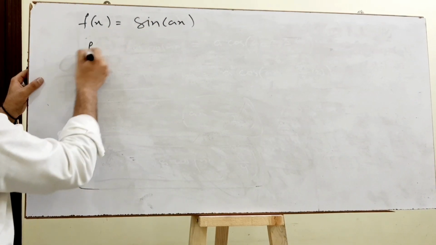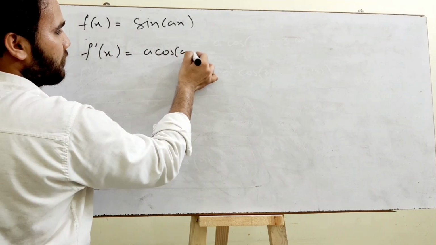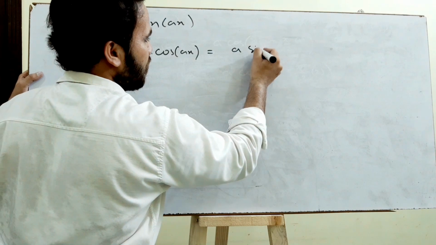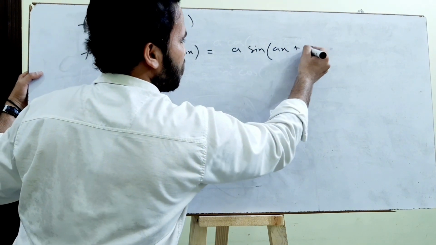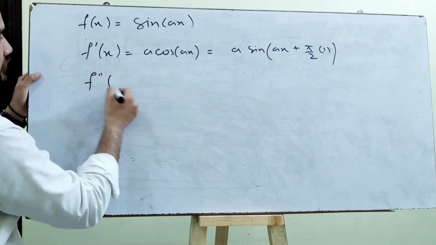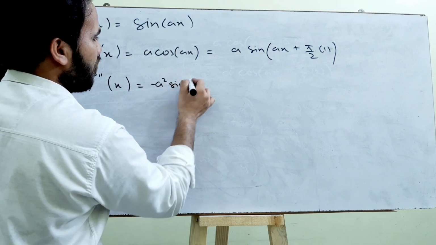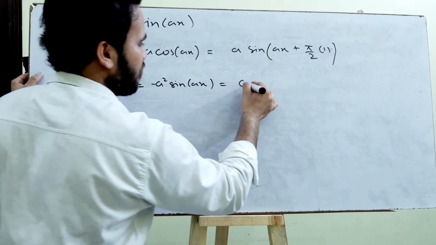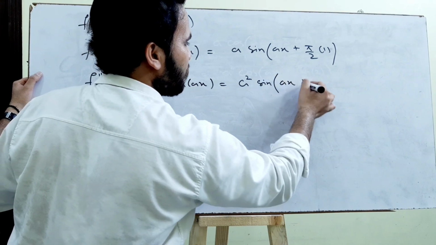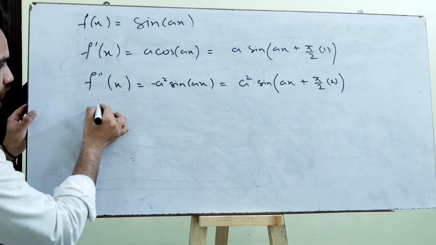The first derivative of this function is just a cosine ax, or we can rewrite this one as a sine (ax plus pi/2 times 1), and the second derivative of this function will be negative a squared sine ax, or here a squared sine (ax plus pi/2 times 2), and so on.